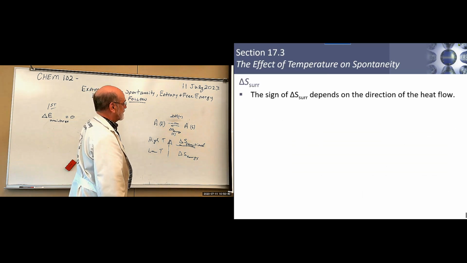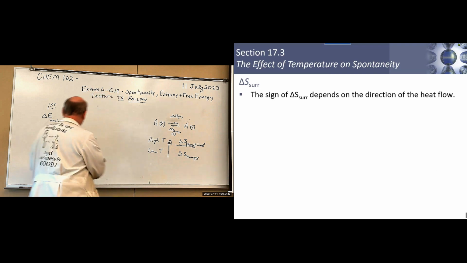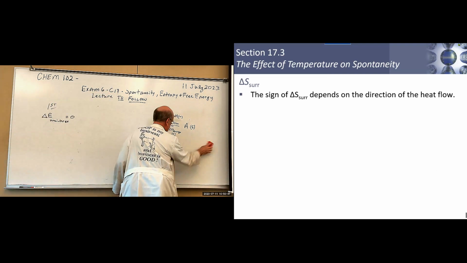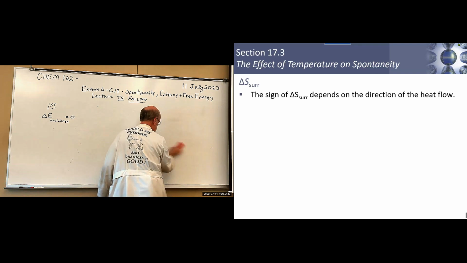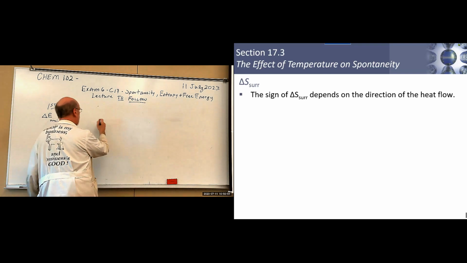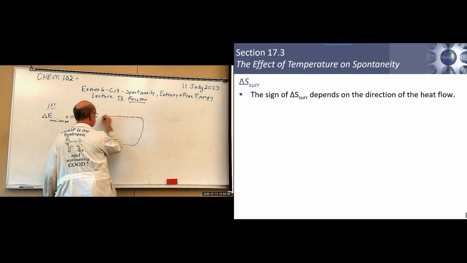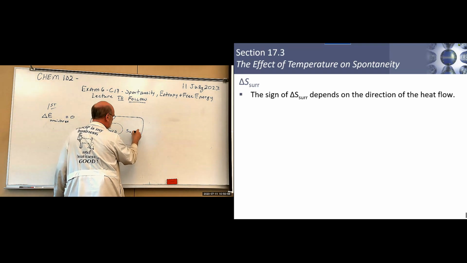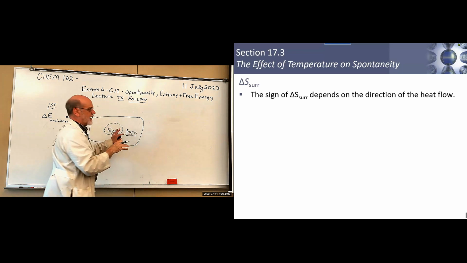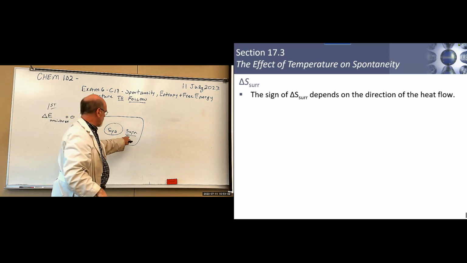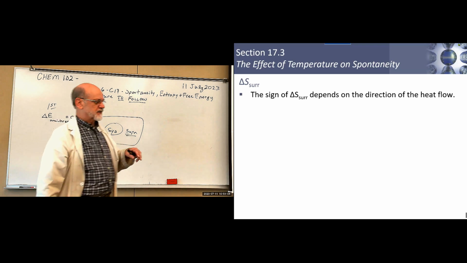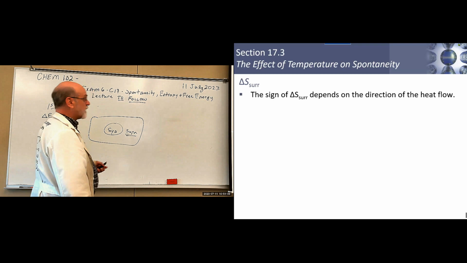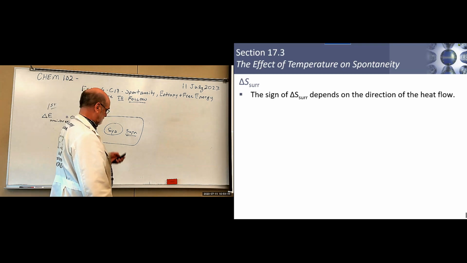All right. So how about the entropy of the surroundings? Now we're going to focus on that arrangement and home in on just the surroundings. We got the system, and we got the surroundings. Now we're going to try to say something about the surroundings in terms of the sign of delta S. It depends on the direction of the heat flow. Right?